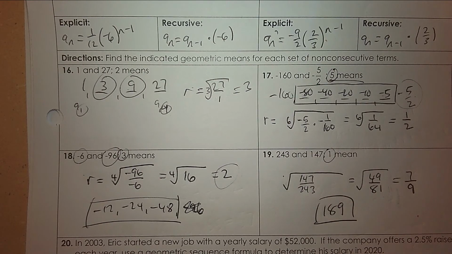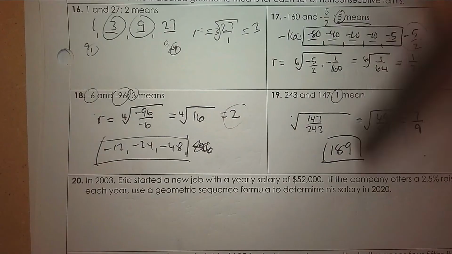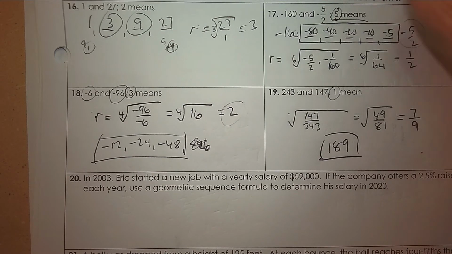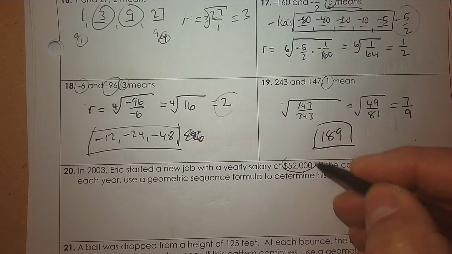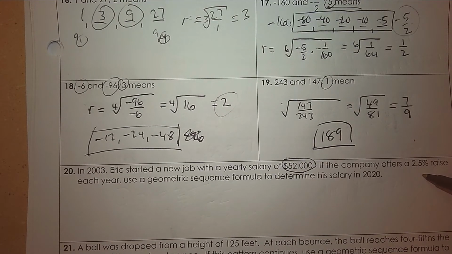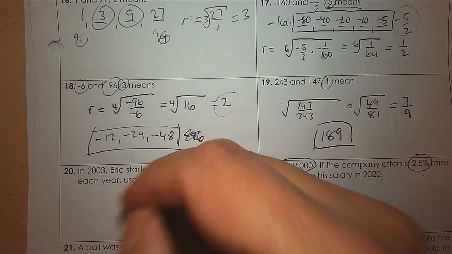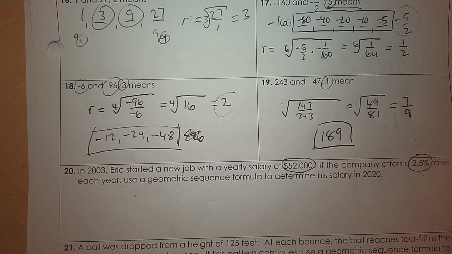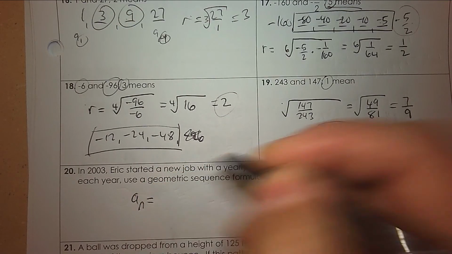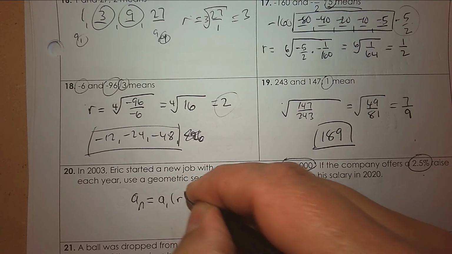All right, number 20. In 2000, Eric started a new job with a yearly salary of $52,000. If the company offers a 2.5% raise each year, use a geometric sequence formula to determine his salary in 2020. So let's break it down. So the general formula is A1 times R to the n minus 1.